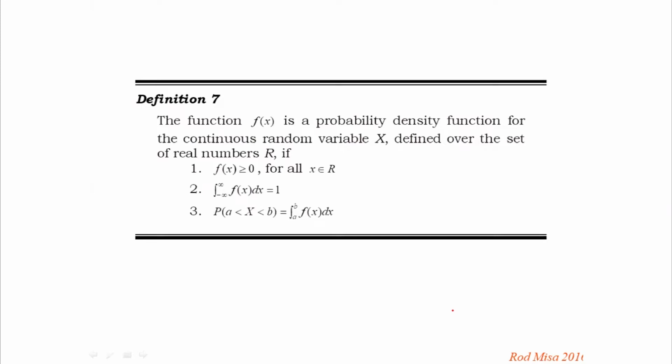Number 2: the integral from negative infinity to positive infinity of f of x dx is equal to 1, which means that adding all probabilities in the whole of the sample space, the sum is equal to 1. Number 3: the probability of our random variable in an interval from a to b is equal to the integral of f of x dx from a to b.